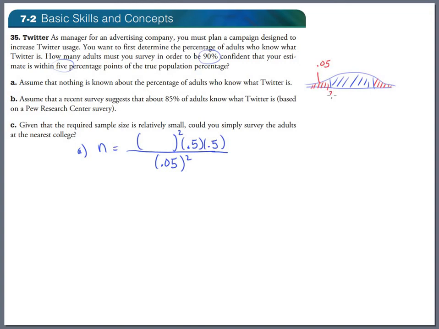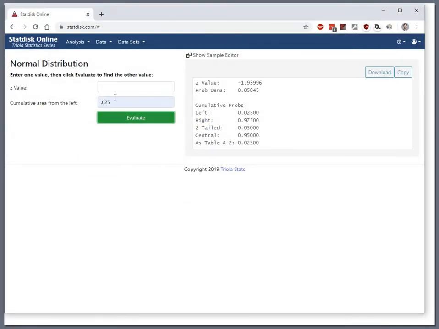So again, we're looking for the z that matches that alpha over 2. So go back to StatDisk. This time we want 0.05. And that's like 1.645. Maybe I'll use 3 decimal places.